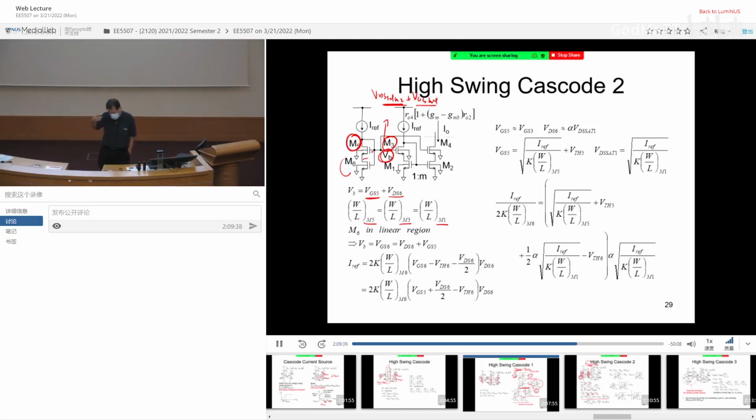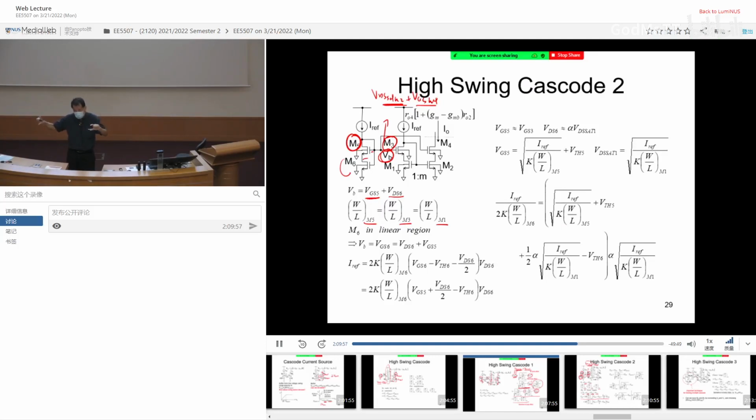So why is tracking so important? Because think about when you design a circuit, let's say temperature changes. This transistor's temperature increases, and this transistor's temperature also increases. But because they are identical, they should change the same way. You get the point?